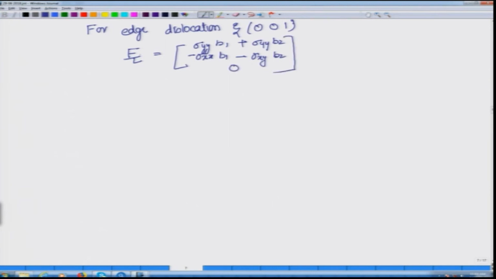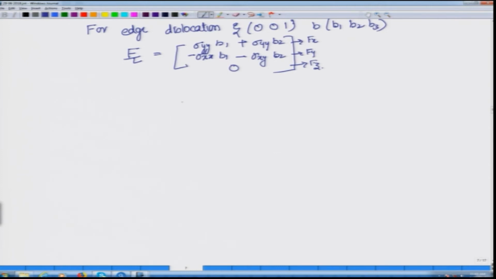So, force will have x, y, z components. So, this is f x, this is f y, and this is f z. It goes without saying that when we have written it like this, it means that the Burgers vector of the dislocation onto which we want to calculate has components b 1, b 2 and b 3. However, since the dislocation is oriented along z, the third component b 3 does not appear over here.